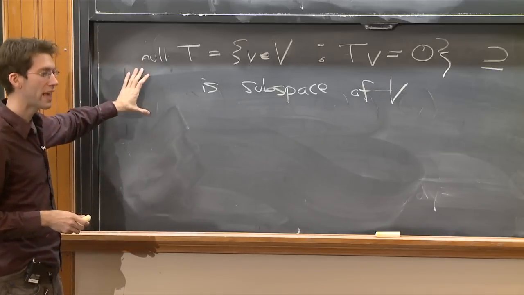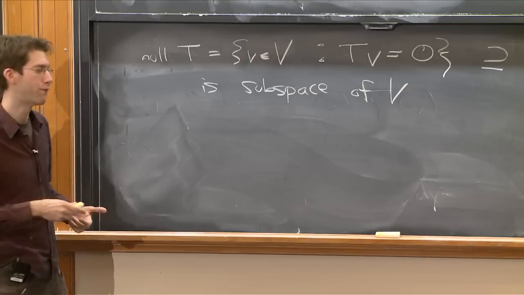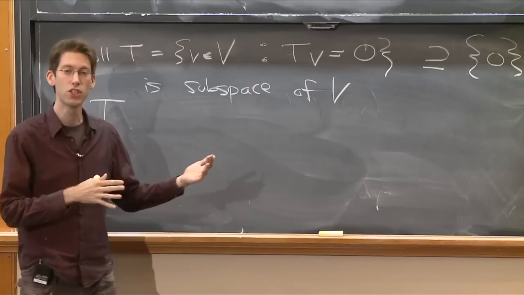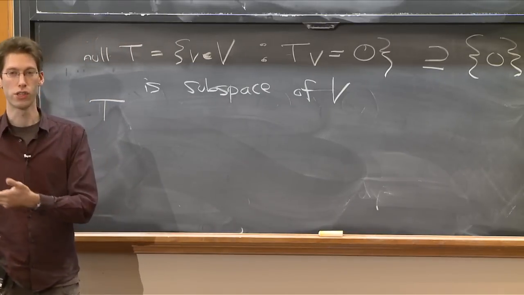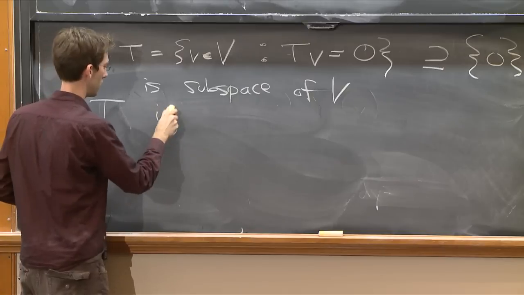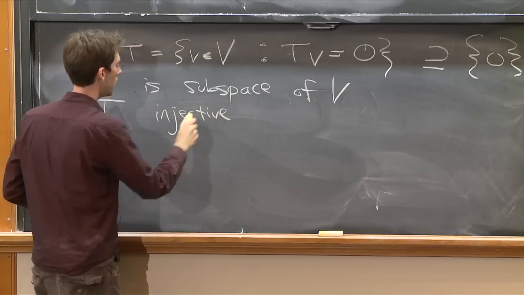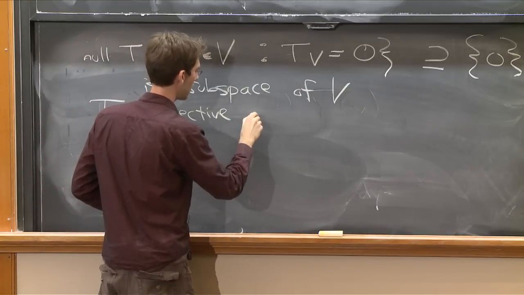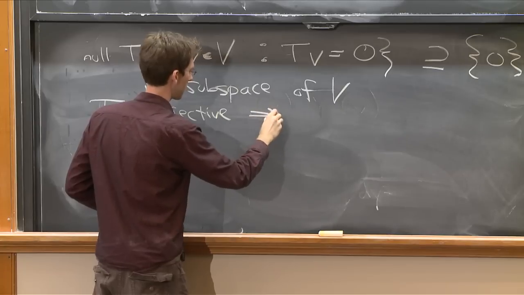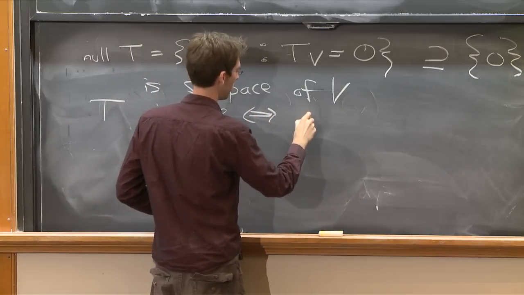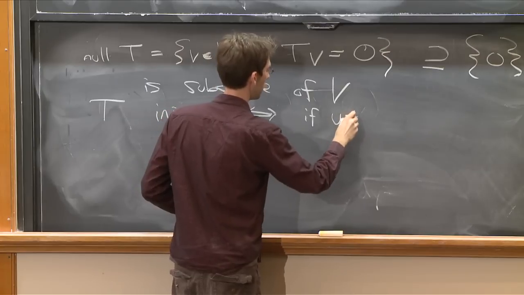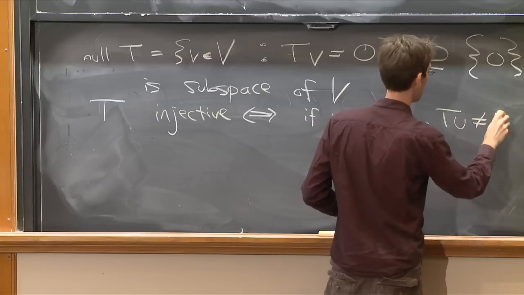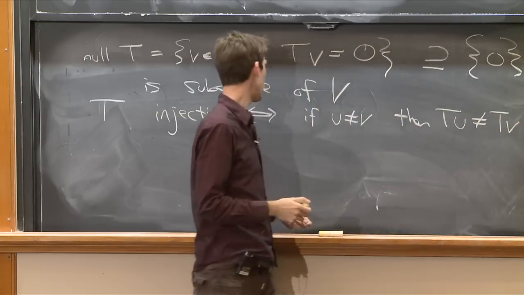And it's related to the properties of t as a function. So for a function, we often want to know whether it's one-to-one or injective, or whether it's onto or surjective. And you can check that t is injective, meaning that if u is not equal to v, then t of u is not equal to t of v.